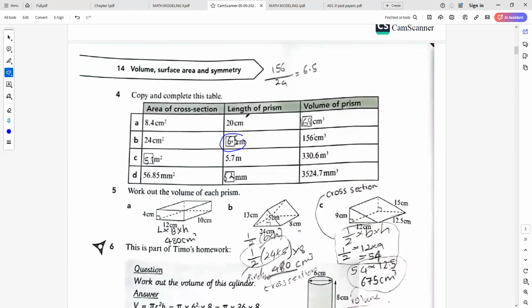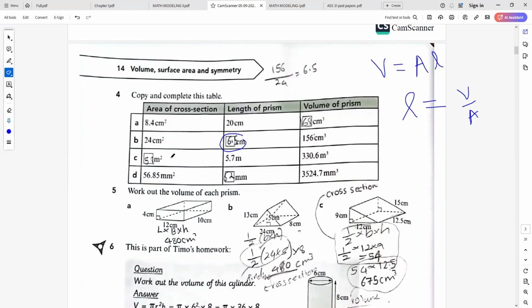So here you see cross-sectional area. So volume is equal to, let's say, A into L, right? Now, if you want to find out volume, you just want to multiply A and L. So A is this, then L is this, and volume is this. Now, if I want to find out L, then the equation will become V over A, which means you have to divide the volume by the cross-sectional area.